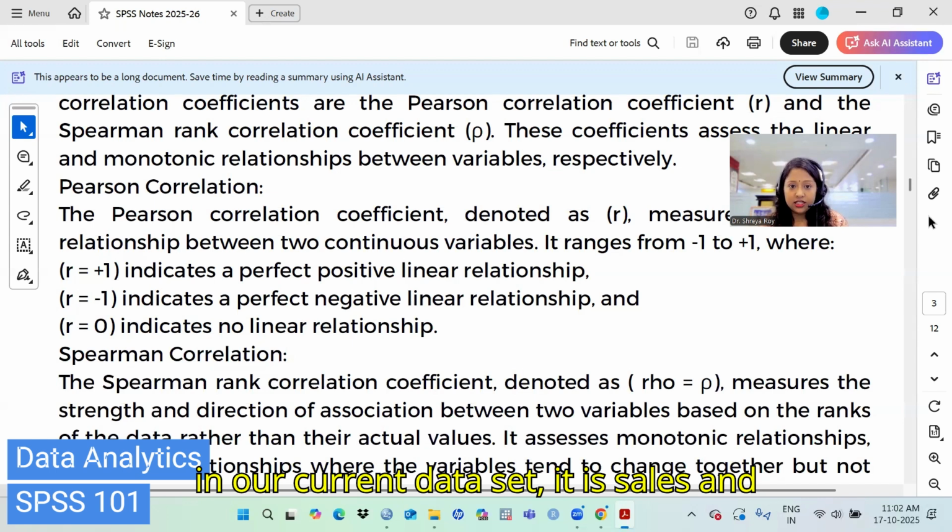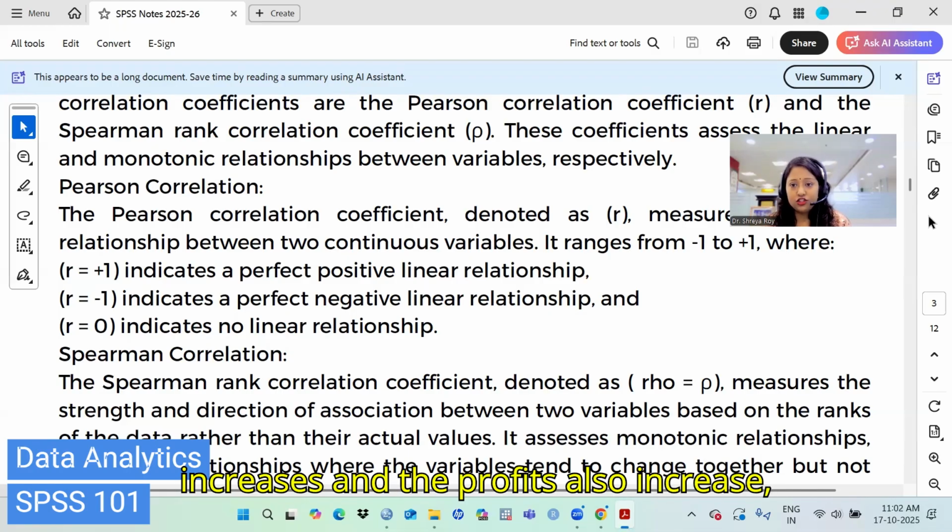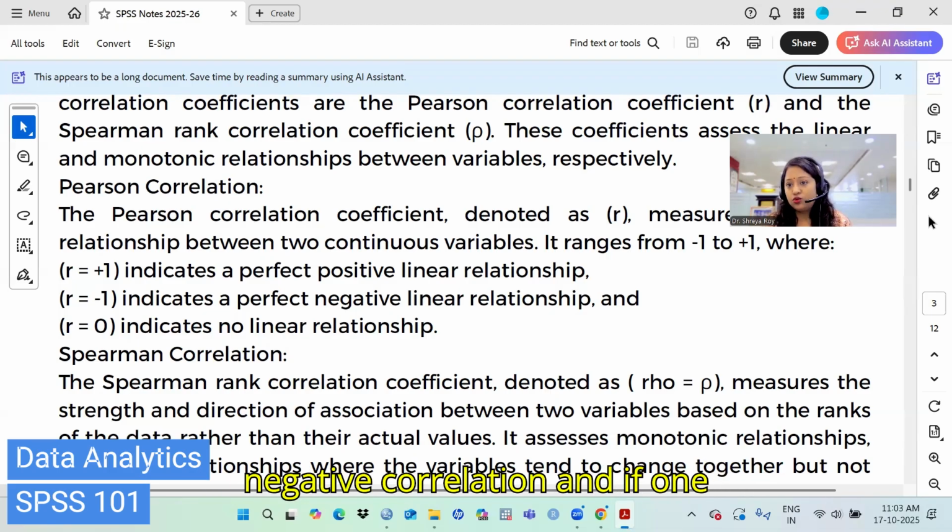Let's say in our current data set, it is sales and profits. Okay, so if one variable increases and the other variable increases, so let's say the sales increases and the profits also increase, we say there is a positive correlation. If the sales increases and let's say the profits decrease, we say there is a negative correlation.